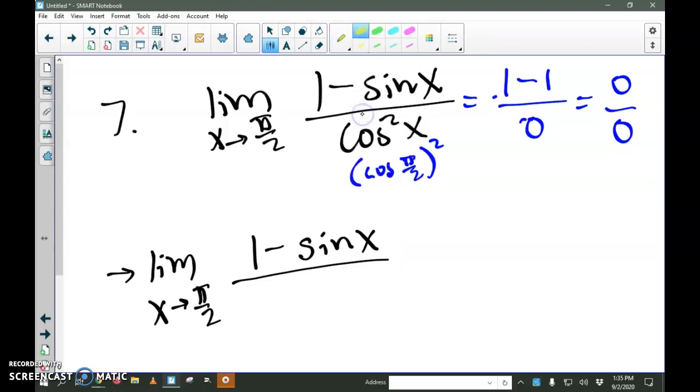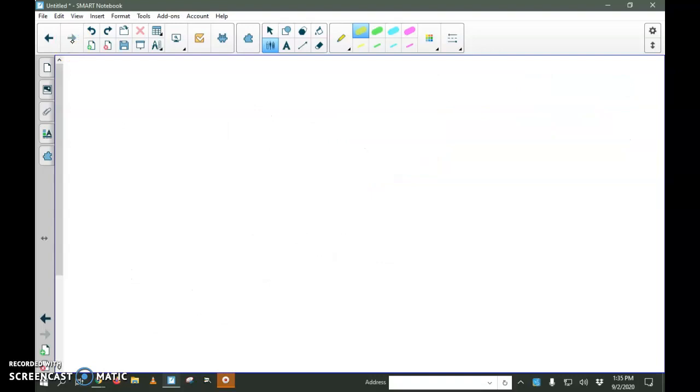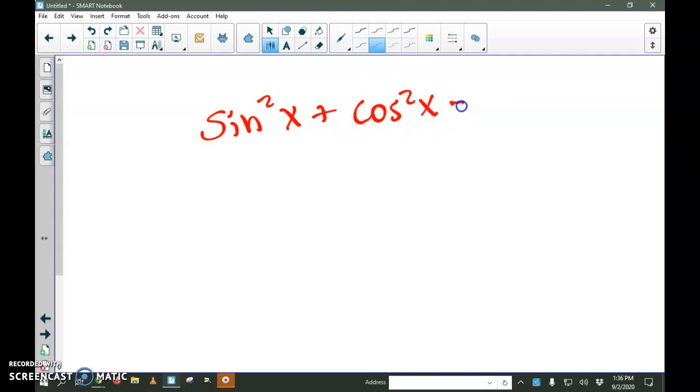The other big deal on your trig identity paper are called Pythagorean identities. And Pythagorean identities show that if you have sine squared x plus cosine squared x, it equals 1. Okay, well, in my problem back there, I had cosine squared in the denominator.